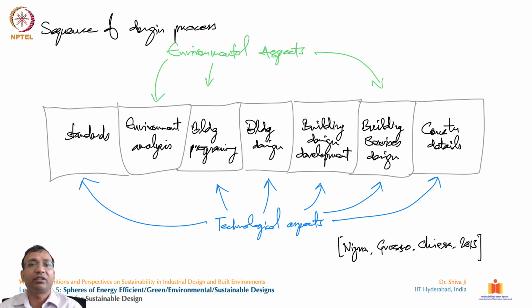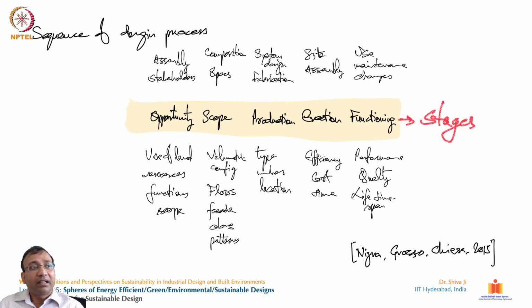This is how the life of a building, or the whole design process, evolves. From the beginning you see the client briefing, then analysis, then programming, then the design part, the development part, the services part, the construction part, and then the end-of-life stages.